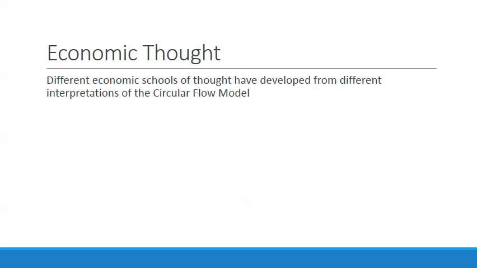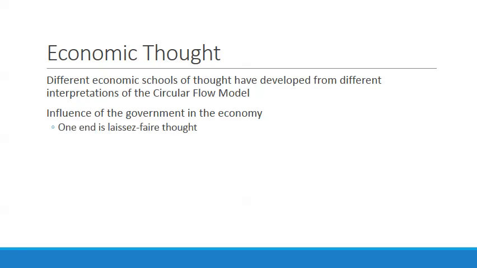So let's look at some economic thought here. Different economic schools of thought have developed from different interpretations of the circular flow model. In particular, they focus on the influence of the government in the economy. On one end, we have what we call laissez-faire. Laissez-faire is complete hands-off, meaning the government has zero interaction within the market.